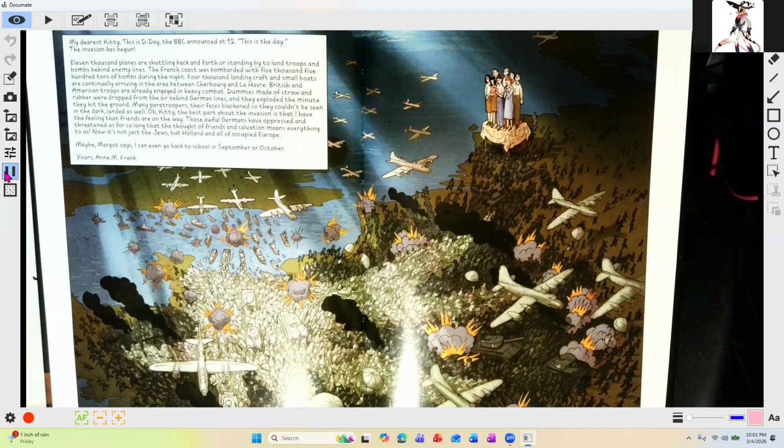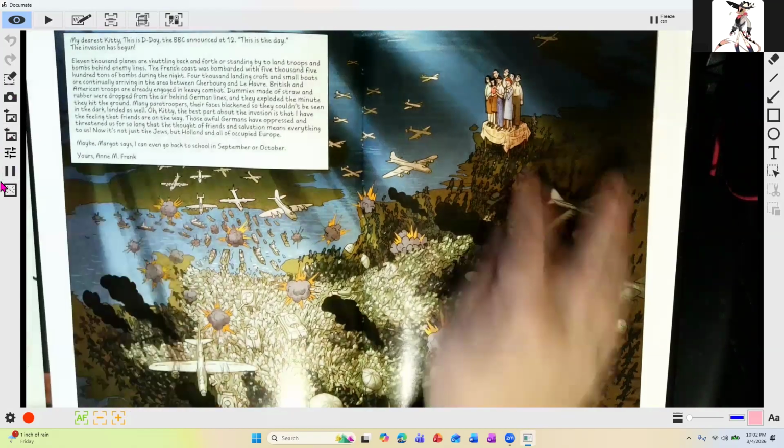All right, so kind of hard for background here. Background could be probably the sky here, as we can see some black shadows, so that could be it.